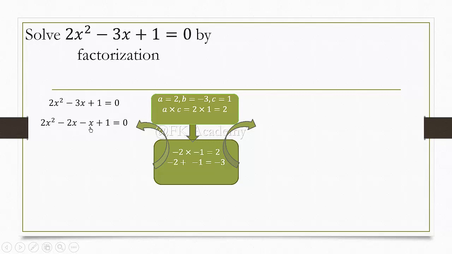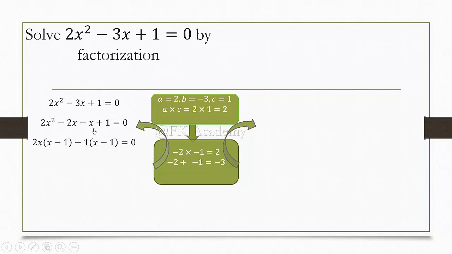Then we can also factor negative 1 out here. And that will give us this. So 2x out, we have x minus 1 from this first set. Then the second set, negative 1 out, we have x minus 1.